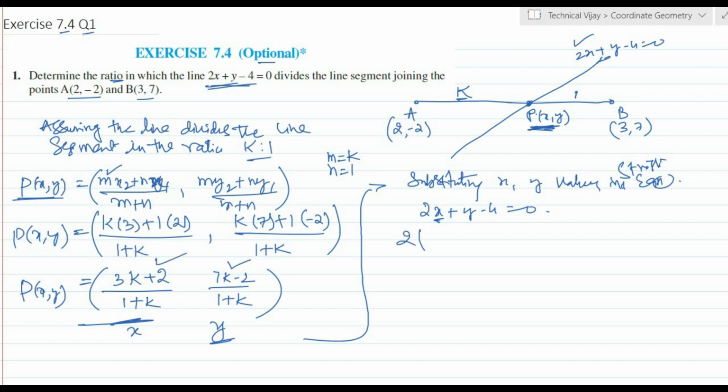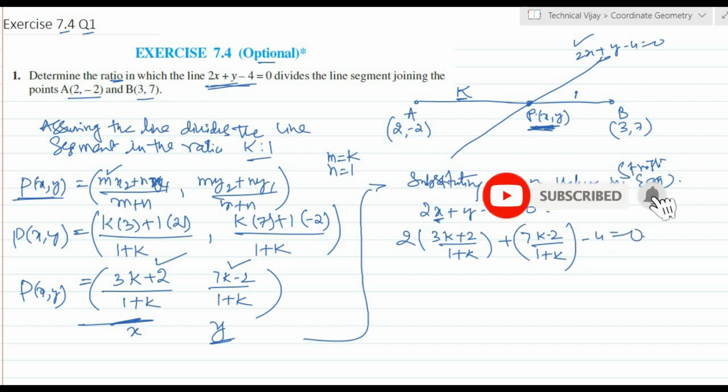So 2 into (3k plus 2) divided by (1 plus k), plus (7k minus 2) divided by (1 plus k), minus 4 equal to 0. Now we can find the k value.